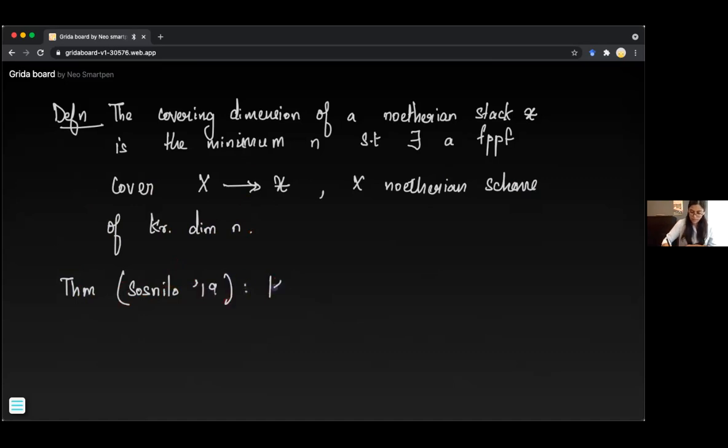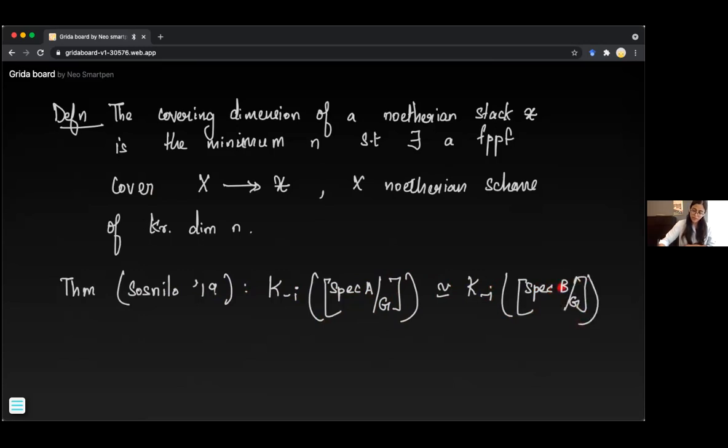I tell you that the negative K groups of quotient stacks where you have an affine mod G, where G is linearly reductive, is isomorphic to this whenever B is a nil extension of A. So for A to B, a nil extension, and for all i greater than or equal to 0.